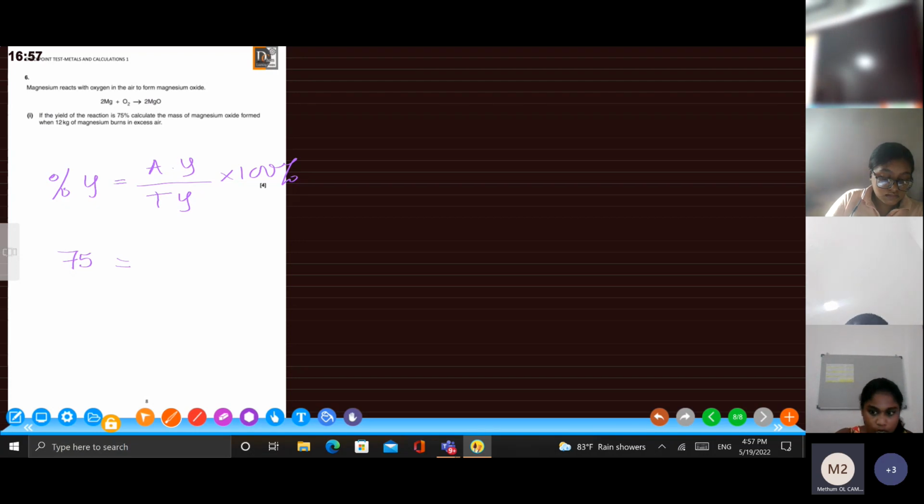Calculate the mass of magnesium oxide formed when 12 kilograms of magnesium burns in excess air. Now you need to find the experimental yield.